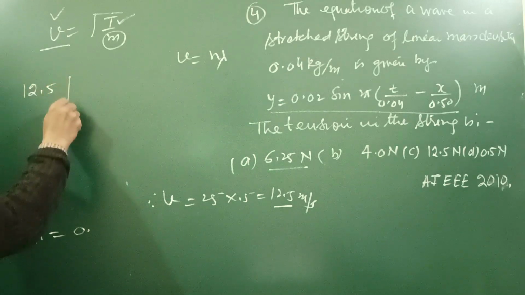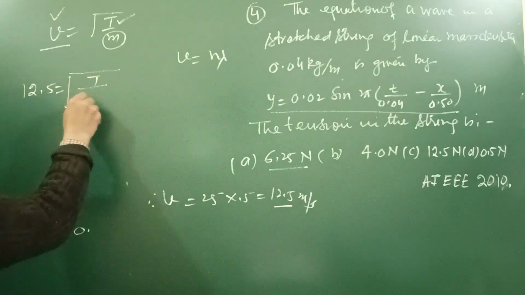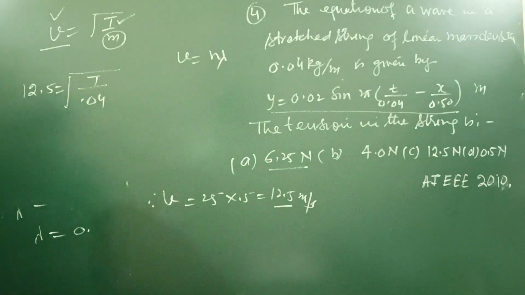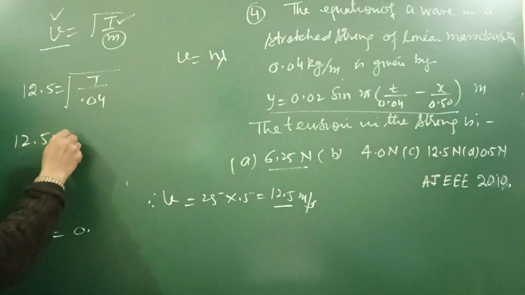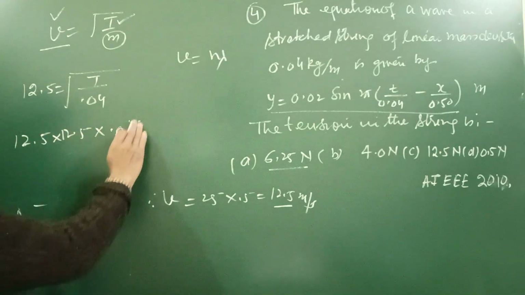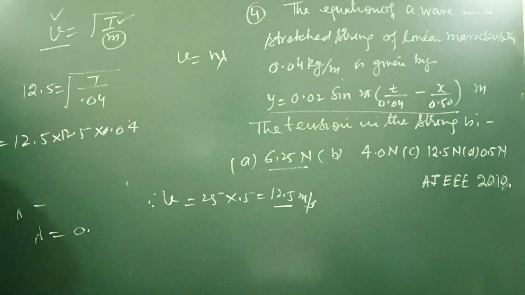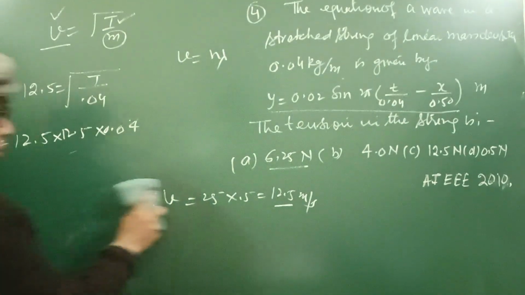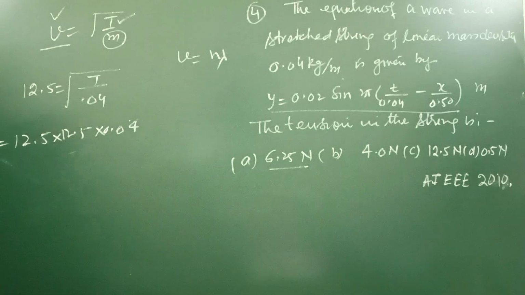12.5 = under root T upon mass per length 0.04. Squaring both sides: 12.5 into 12.5 into 0.04 = T. So how to solve this? Actually, you have to use the commutative law and others.